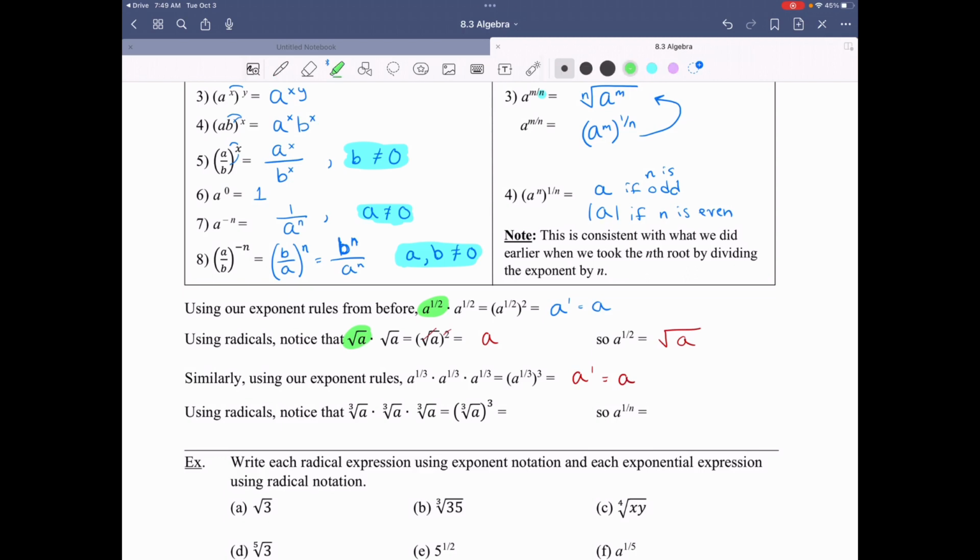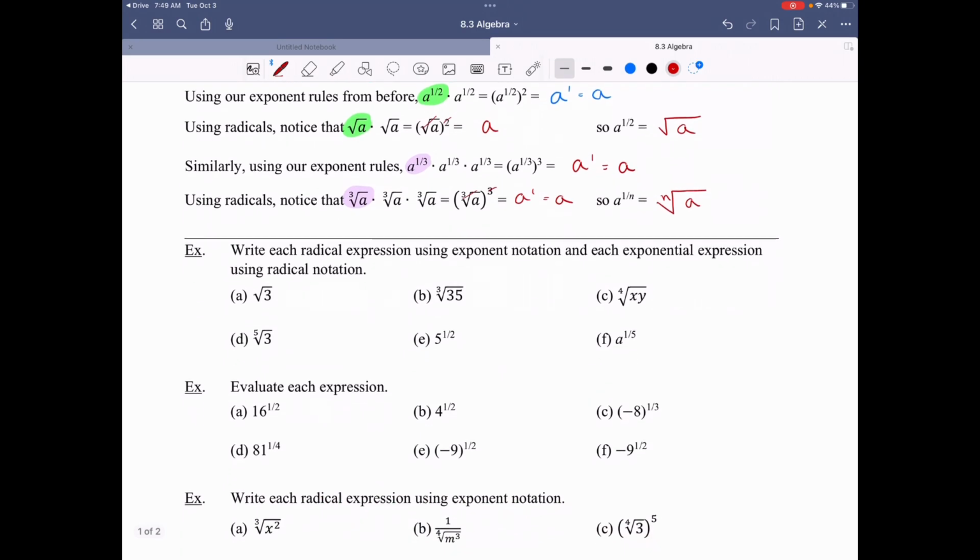Then when we use it as radicals, the cube root of a is the same as a to the 1/3. If we multiply those all together, the cube root and the cubed cancel, and we're left with just a to the first, which equals a. So a to the 1/n is the same as the nth root of a.